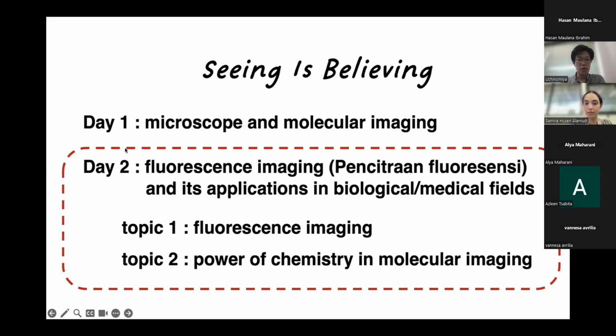So there are two topics. One is what is fluorescence imaging? And the second one is the power of chemistry in molecular imaging technique. Last time I heard you belong to the Department of Chemistry, so you may think the fluorescence imaging research field is for biology.